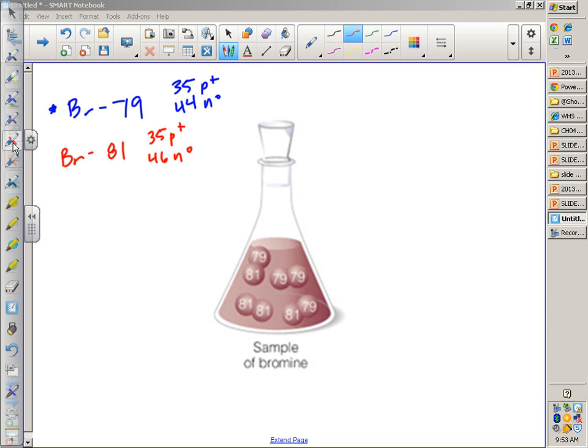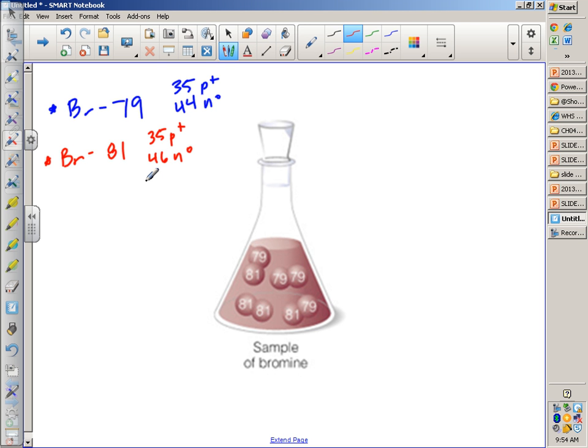But the other half of bromine atoms that are out there are this isotope of bromine that contain 35 protons and 46 neutrons. So when we say, oh, we have a sample of bromine, what we really have is a sample that is about a 50-50 mixture of these bromine atoms and these bromine atoms. Okay? And separating them is very difficult.